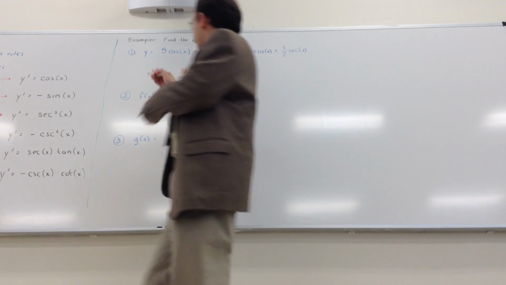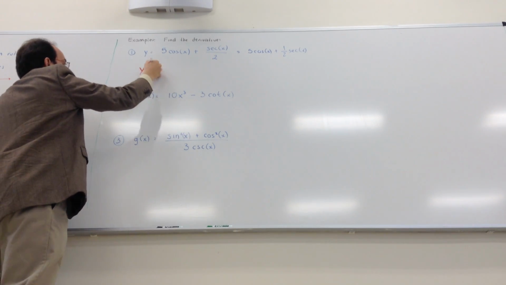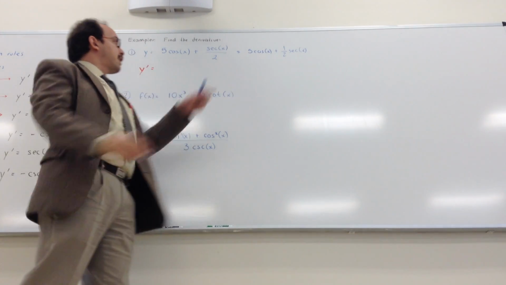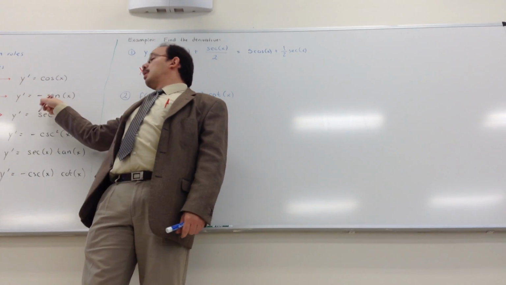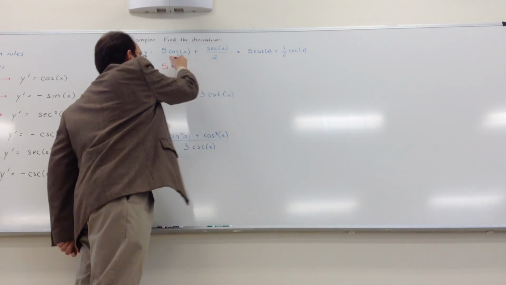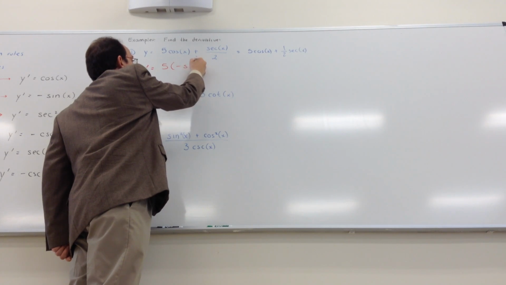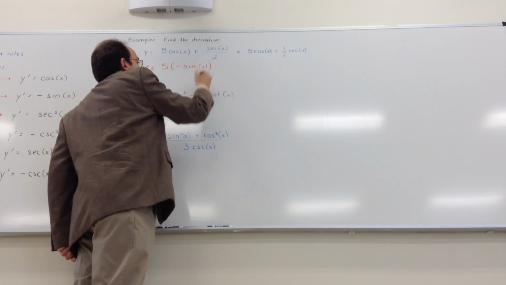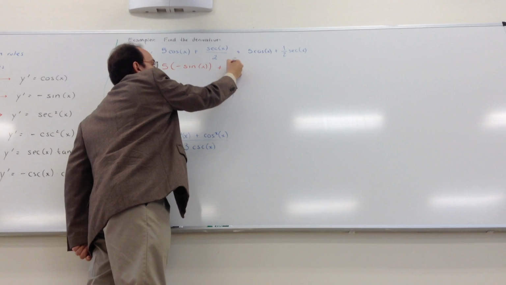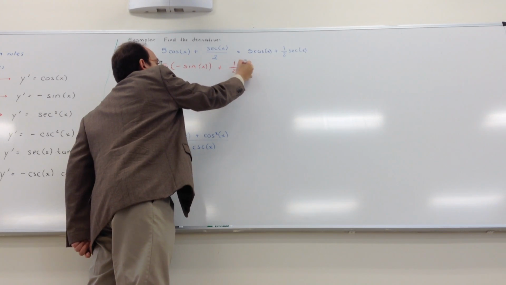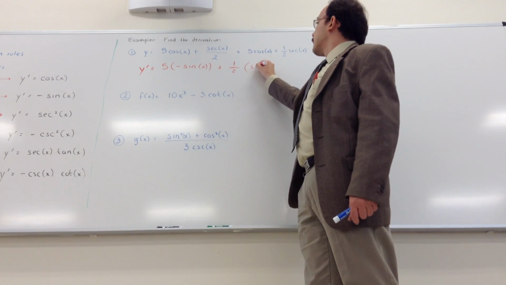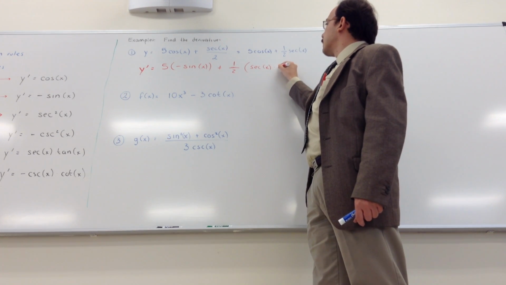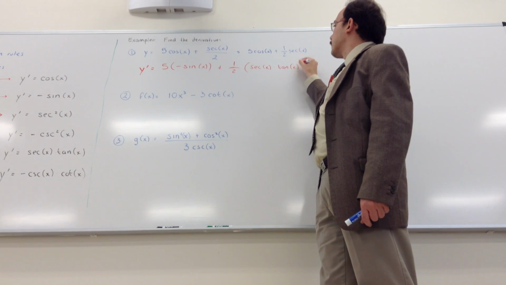Now, the derivative. Y prime is equal to what? 5 is the coefficient, so we leave it. And then cosine is going to be negative sine. So that's my derivative for cosine. Plus coefficient 1/2, secant derivative is what? Secant x times tangent of x.